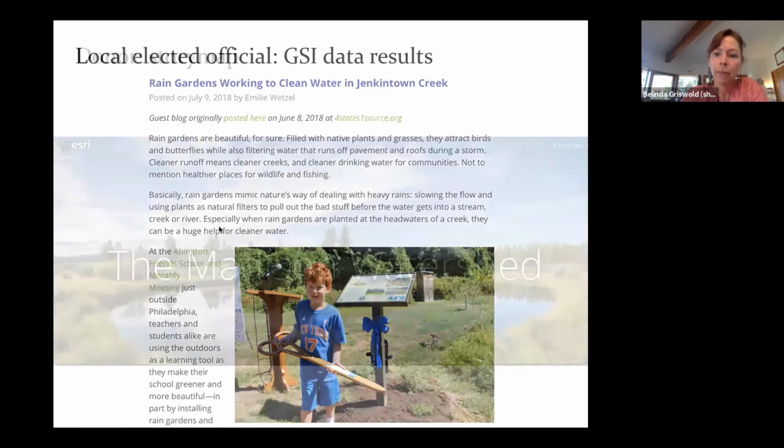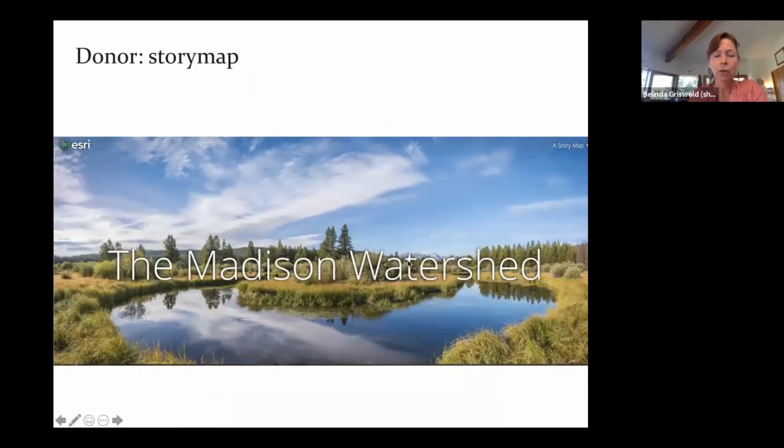So our second example is story maps. Story maps are great for all kinds of reasons, and you can use them, oh, David got kicked out. You can use them for all kinds of audiences, but I wanted to highlight them for reaching donors for a couple of reasons.